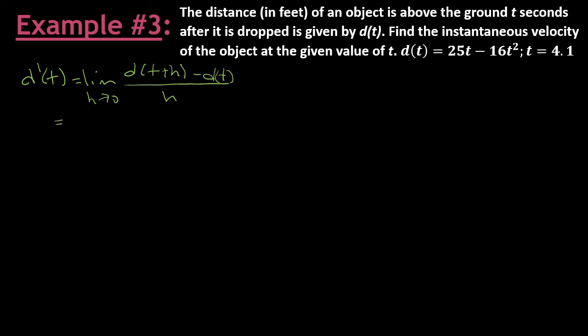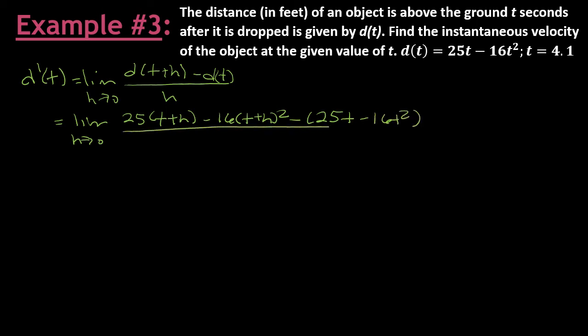And now I'm going to substitute in t plus h. So I'm going to do 25 times t plus h minus 16 times t plus h squared, minus my original function, 25t minus 16t squared, all over h.